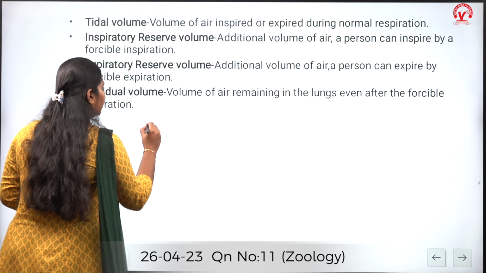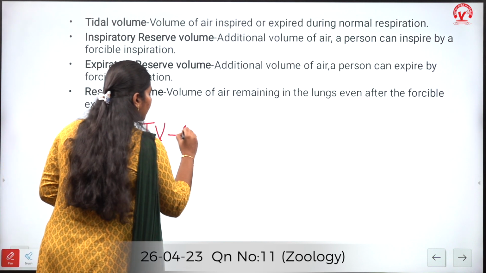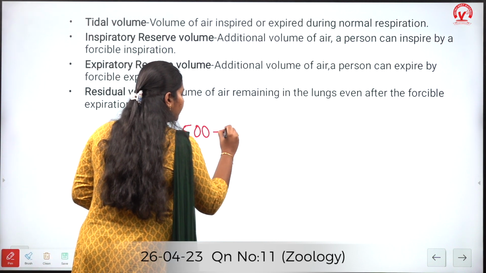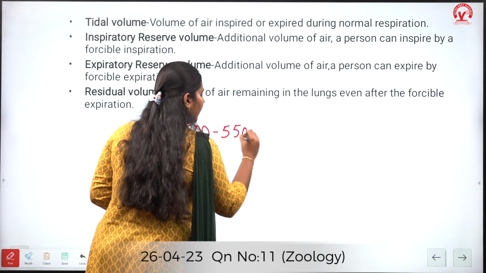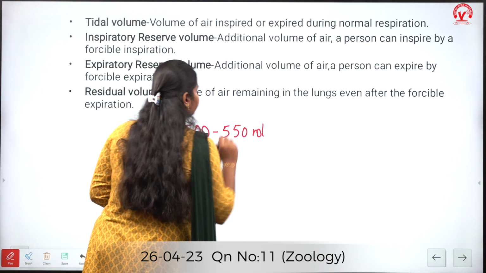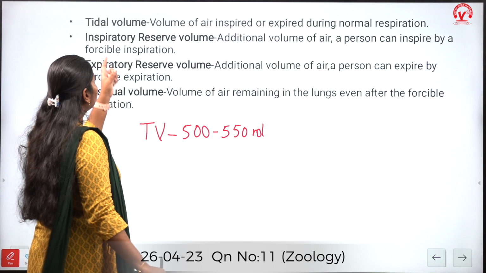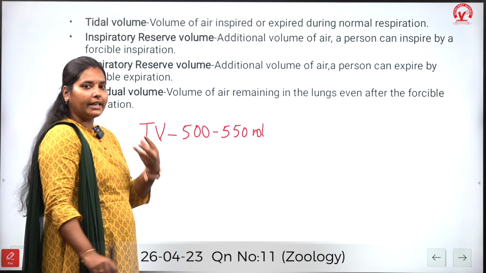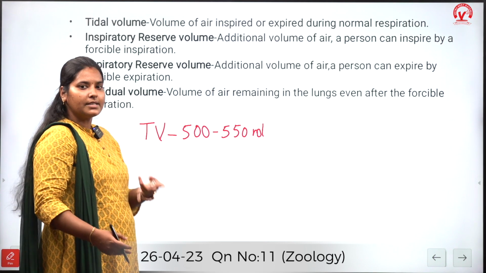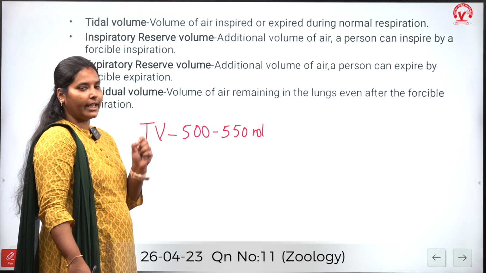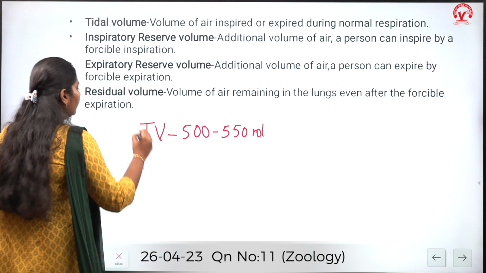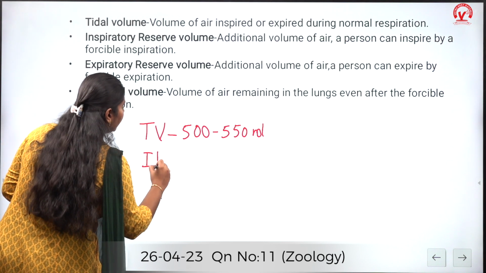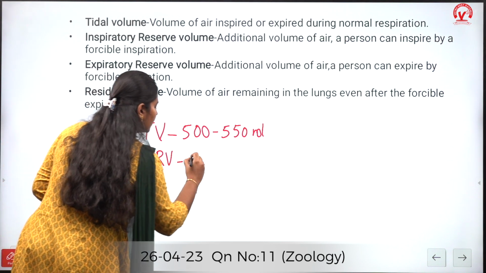The value of the tidal volume is approximately 500 to 550 ml. And next they have given inspiratory reserve volume. Inspiratory reserve volume is the additional volume of air a person can inspire by forceful inspiration.